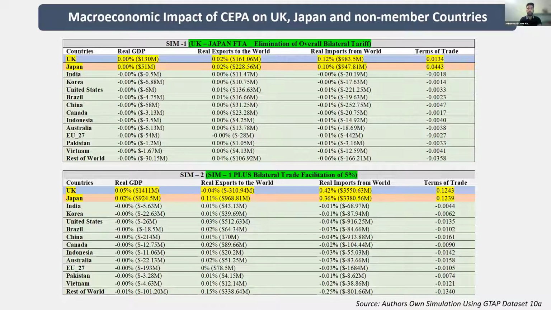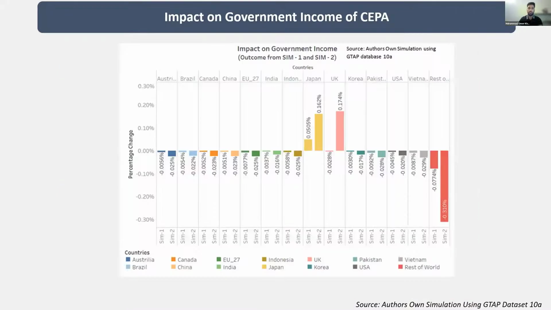So we can say the bilateral trade facilitation along with the free trade agreement would be a better option for the UK as well as Japan. As this model is a global model, we have also added all the countries which would be positively or negatively affected by this agreement.